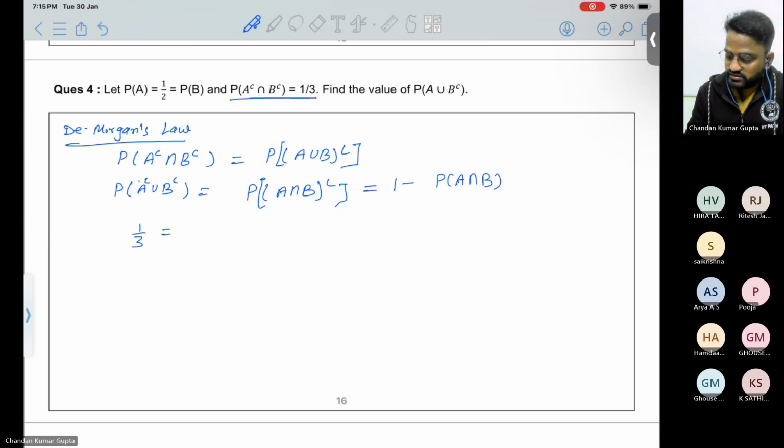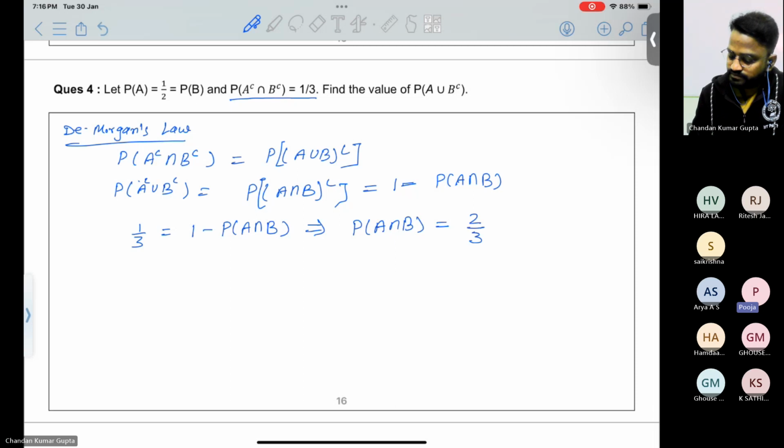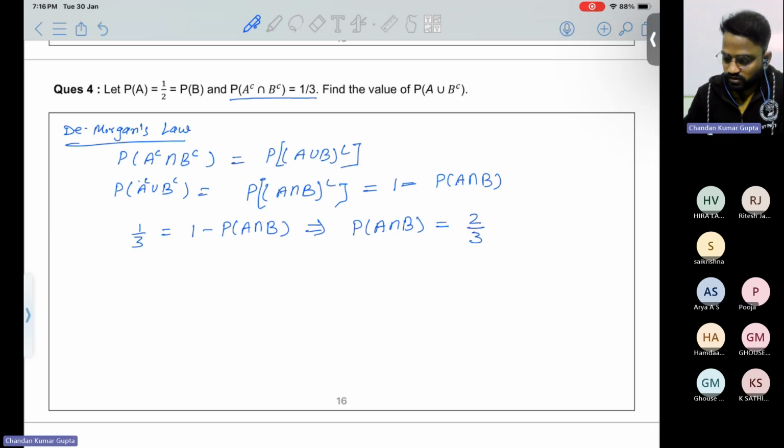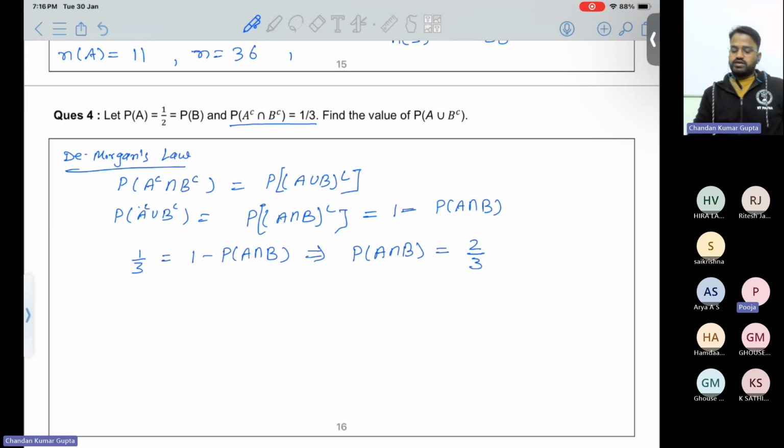Then from there we calculate 1 minus the probability of A intersection B, and the probability of A intersection B is 2 by 3. So there is some mistake. Where? 1 by 3 is equal to the probability of A complement intersection B complement, but here you wrote A complement union B complement. Yes, got it. Thank you.